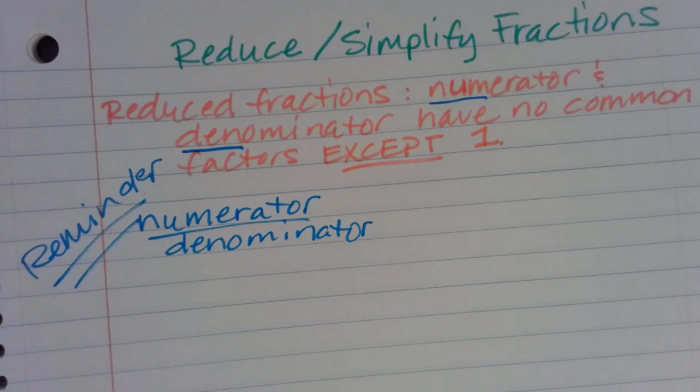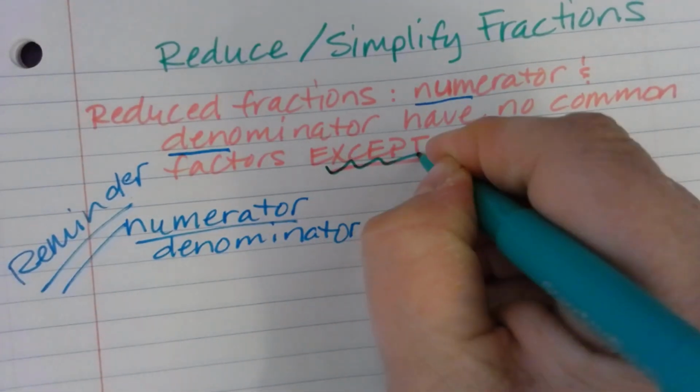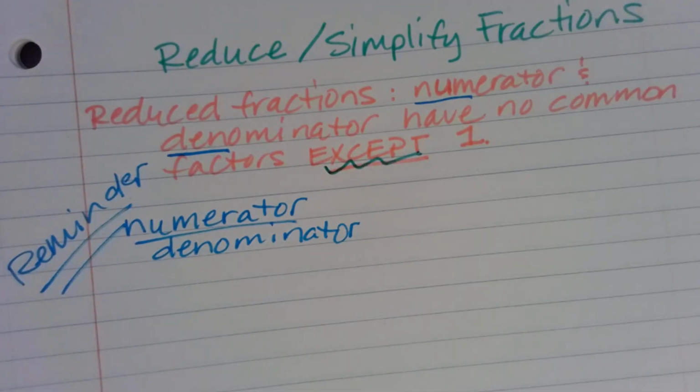The answer is no. Okay, so again, when a fraction is reduced or completely simplified, the numerator and the denominator, the top number, the bottom number, only share the factor number 1.